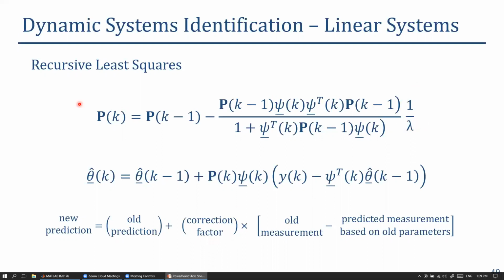So in the calculation of the covariance matrix P, we see some lambda. And this lambda is a so-called forgetting factor. Have you ever heard of a forgetting factor before?